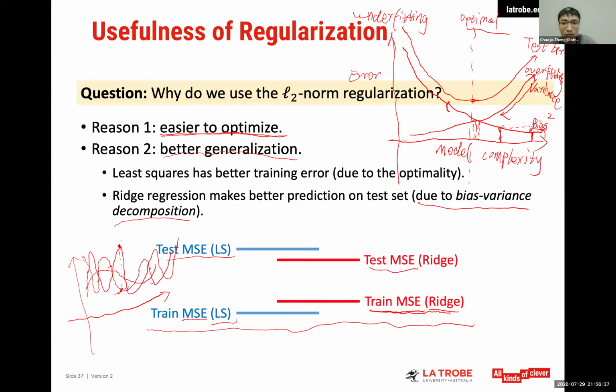That is due to the slightly higher bias. But for testing data, the performance is much better than the least square model because it has much lower variance than the least square model.